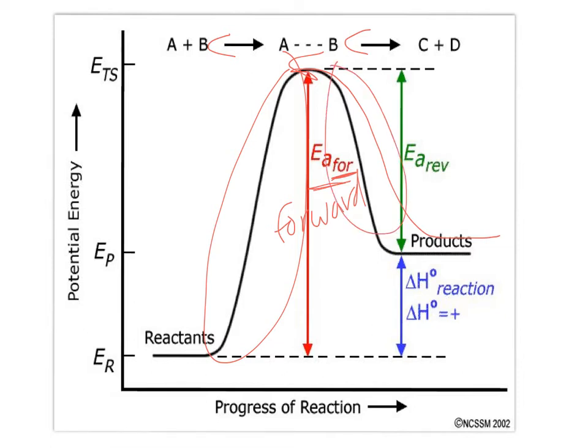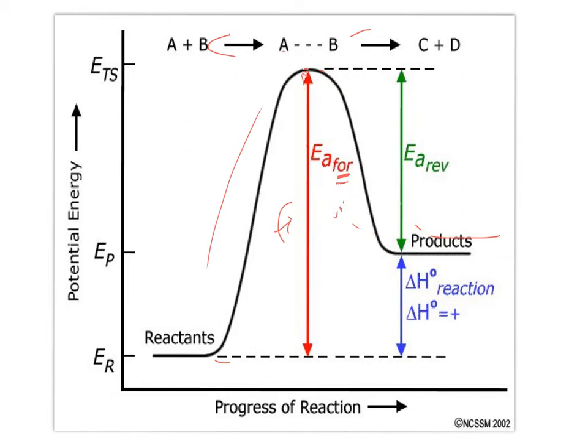So you can either read an equation from left to right in the forward reaction, or you can read it from right to left and be looking at the reverse reaction. So this graph shows the activation energy for both the forward and the reverse reaction, and each one's labeled there.